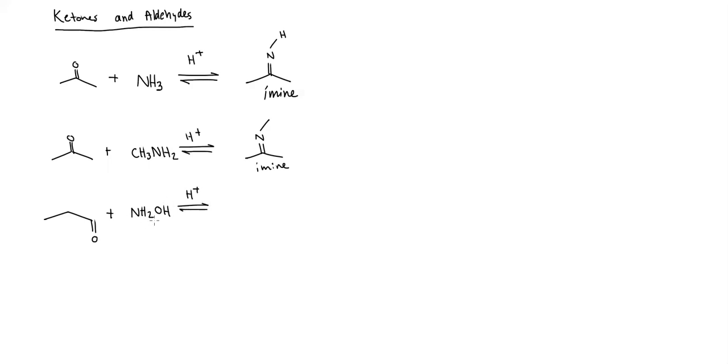If I react it with hydroxylamine, then again I get an N here, but I get an OH. So N and OH, and this is known as an oxime. So if this group coming off is an OH, it is an oxime.